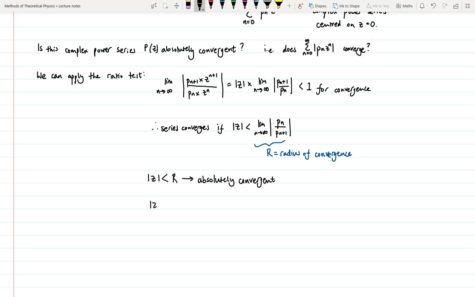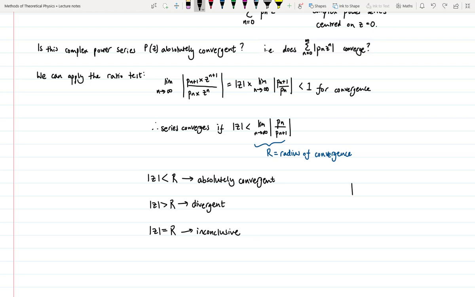If the modulus of z is greater than r, the complex power series diverges. And finally, if we're looking at complex numbers whose modulus equals the radius of convergence, then the ratio test is inconclusive.